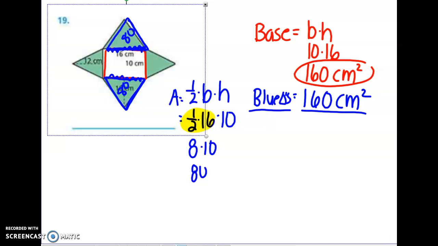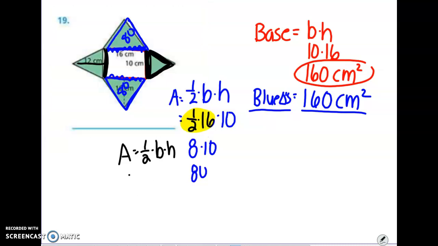And now I'm going to do these end triangles. I'm going to outline these in black. I hope you can see that okay. All right, this distance right here is going to be 10 because 10 is on the other side right here is also 10. The height is 12. So for those triangles, we're going to do half times the base times the height. The base is 10.